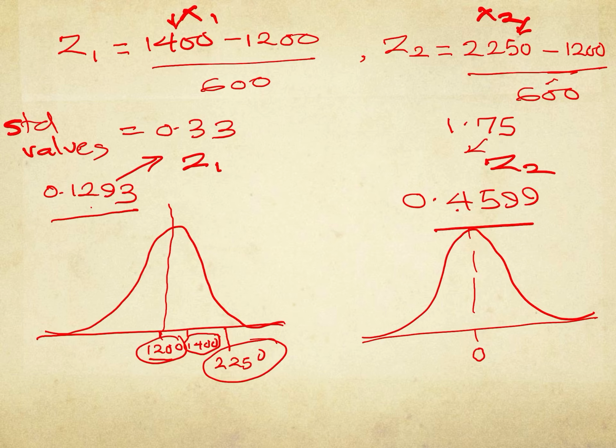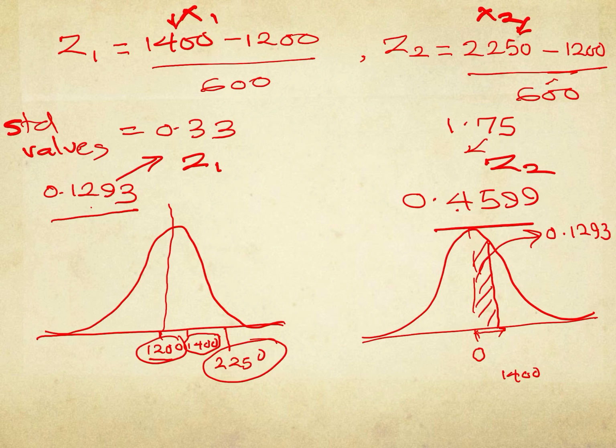So the value for Z1, 0.1293, that means everything from here, there. Remember where 1400 was or should have been. So everything from there, everything here is equivalent to 0.1293.